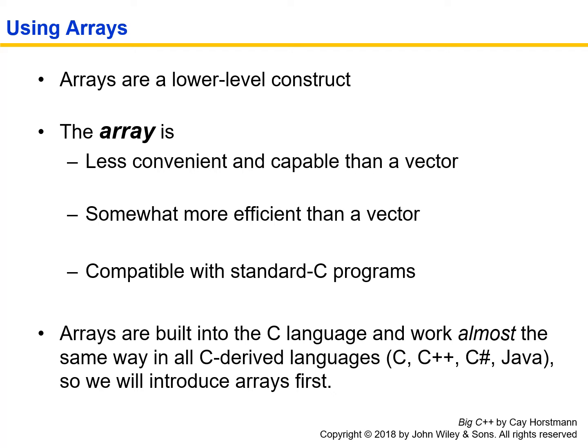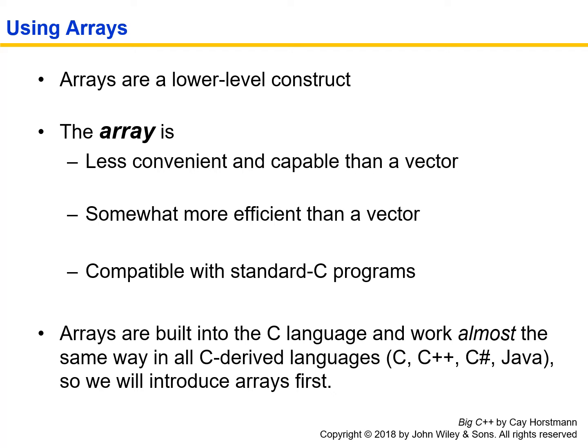Arrays are what we call a low-level construct. It is, as I said before, just a block of memory that holds, say, 10 or 100 items with a single variable name pointing to it. Because it's just a block of memory, it's less capable than a vector. It doesn't know how big it is.